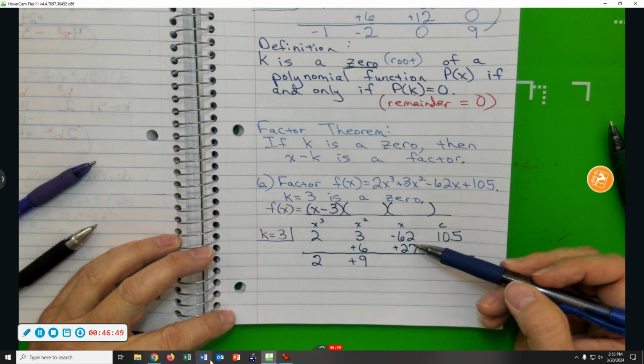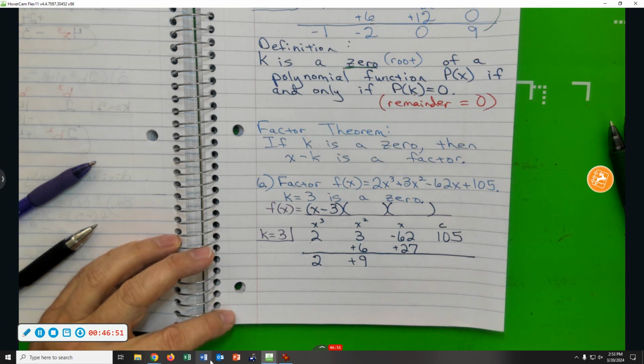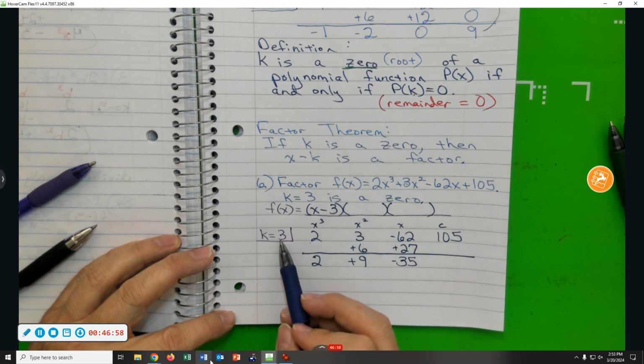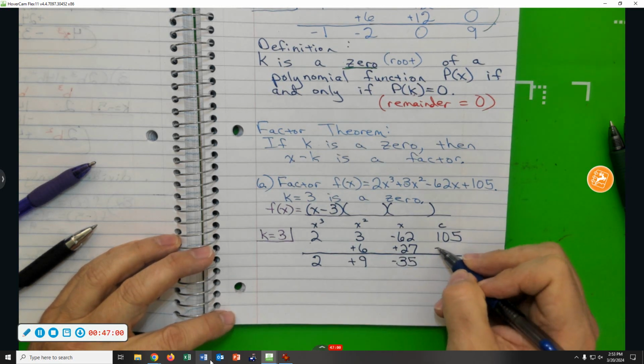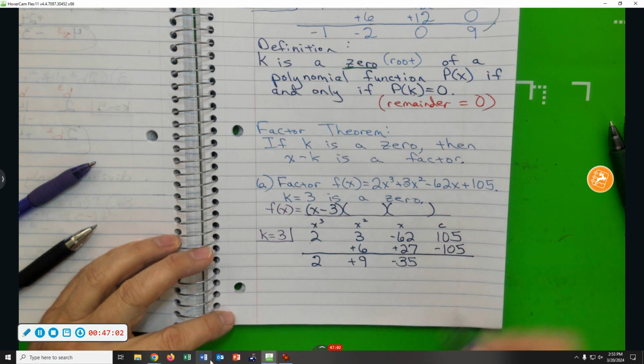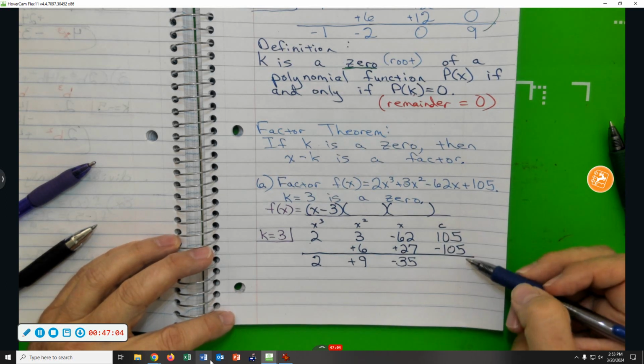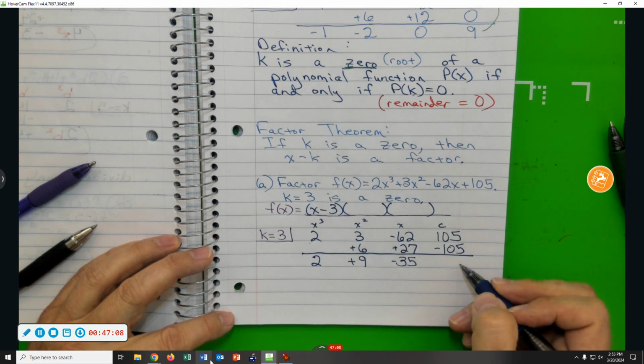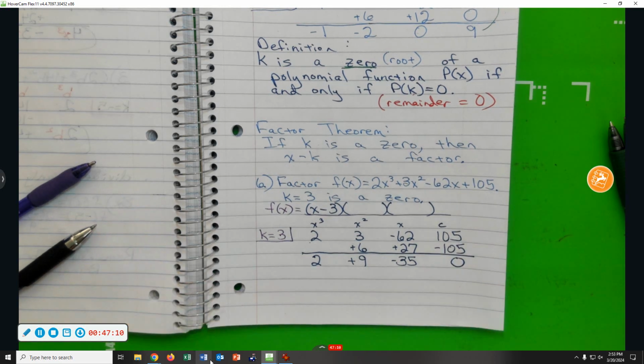Negative 62 plus 27, is that a negative 35? Yes. Times 3 is a negative 105. 105 minus 105 gives me a remainder of 0.